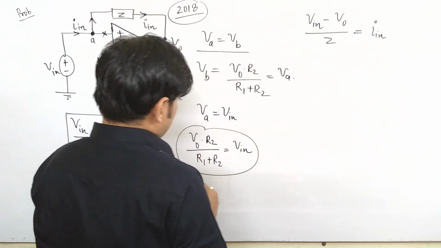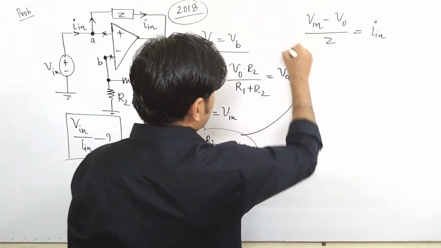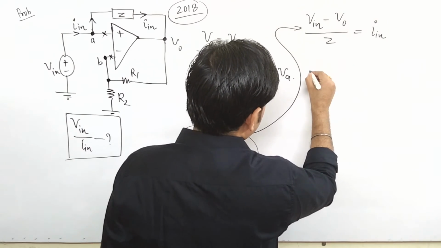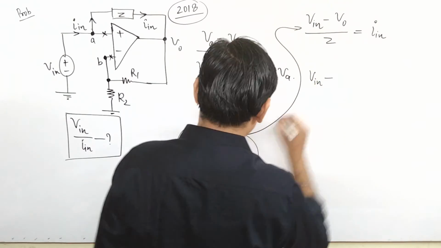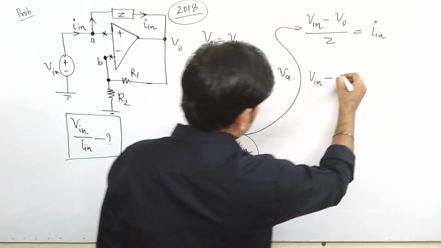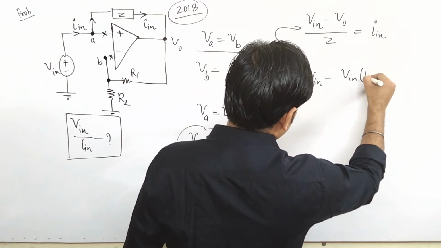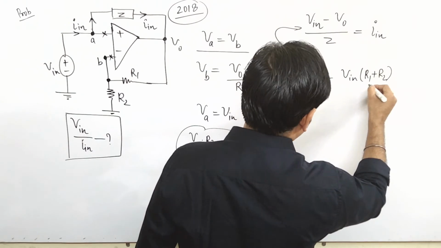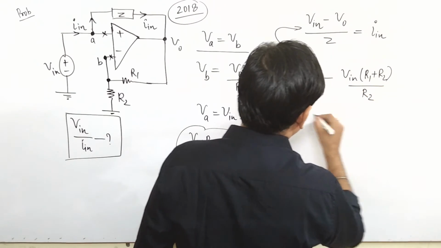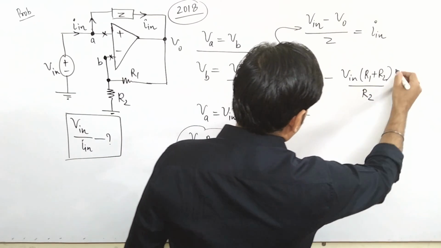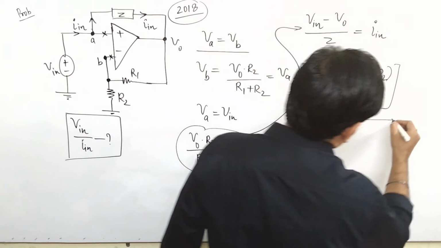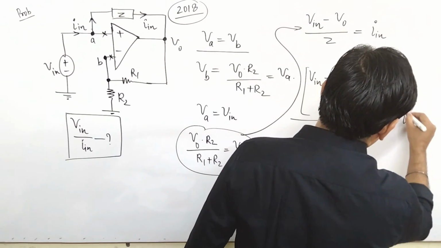So now by putting this value in this equation, one can get the answer. So from here I can write V in minus the value of V naught, you just transfer here. So that comes to be V in into R1 plus R2 divided by R2. Okay. And this whole divided by Z, that is equal to what? Your I in.